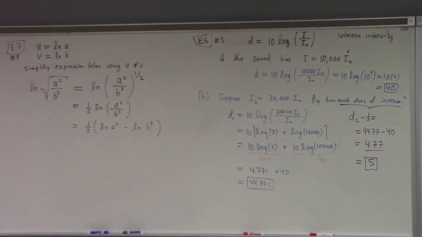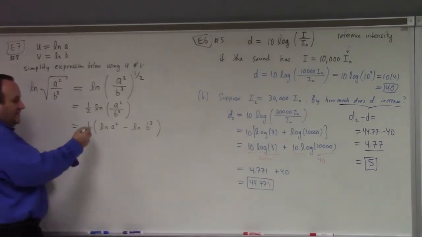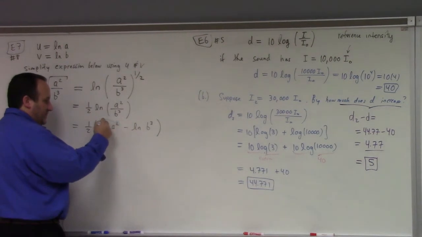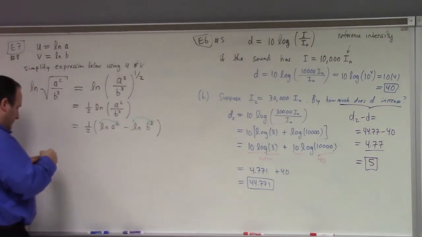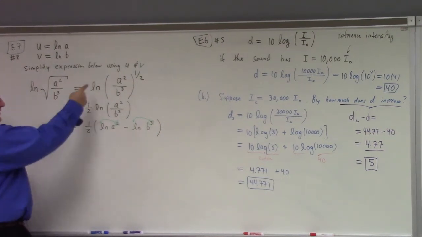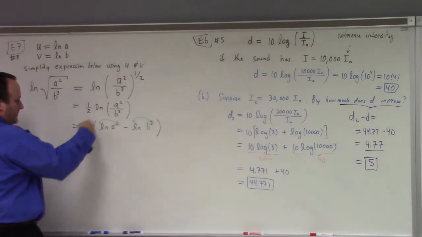And then what? What can I do? I'm still not to things. I need to simplify it down until I've got log a and log b, right? So I'm not there yet. What do I need to do next? So I've got log of a squared, right? So I can pull this 2 out. I can pull this 3 out, right? By the same property I used going from this one to this one.